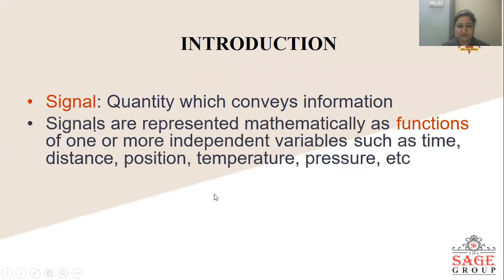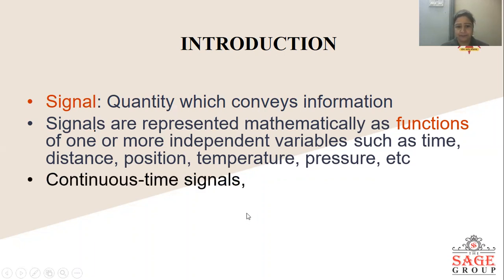Now, first, we will see what is a signal. I had discussed in my first lecture also that a signal is a quantity which conveys some information. Signals are represented as functions of one or more independent variables, such as time, distance, position, temperature, pressure, etc. In our syllabus, we are considering signals which are functions of the variable time.